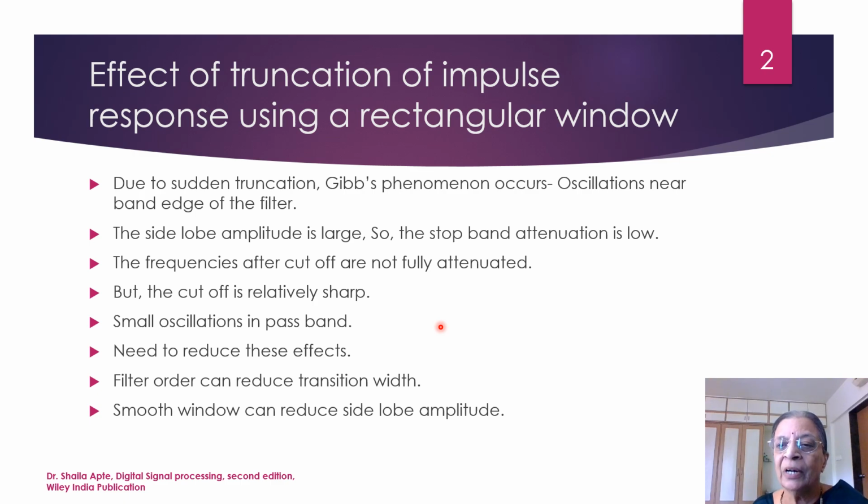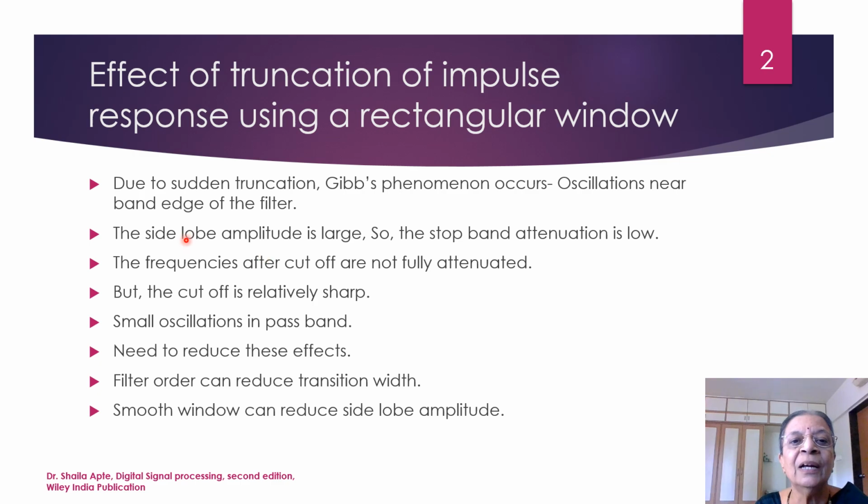When we say I am truncating it, it is as if I am passing it via a rectangular window. And when I pass it via a rectangular window, there is a sudden truncation in the response. Because of this sudden truncation, the Gibbs phenomenon occurs. Because of this, we get oscillations near the band edge of the filter.